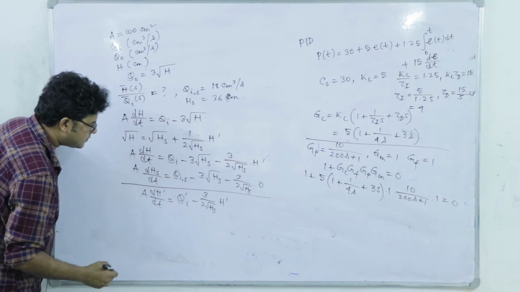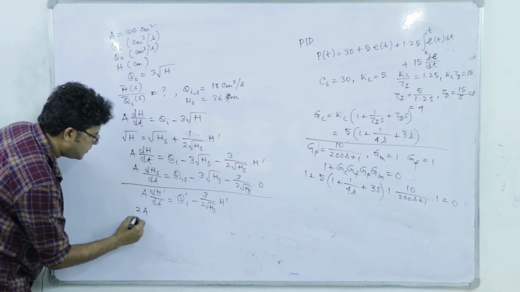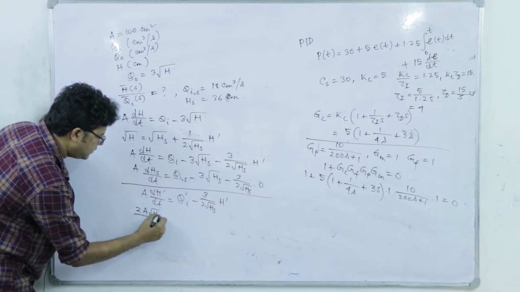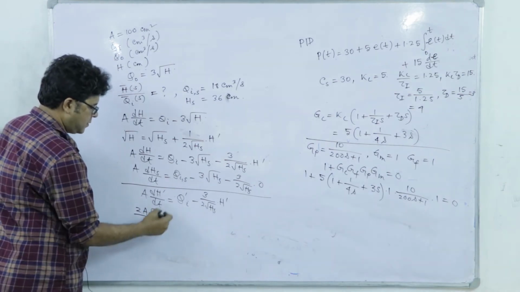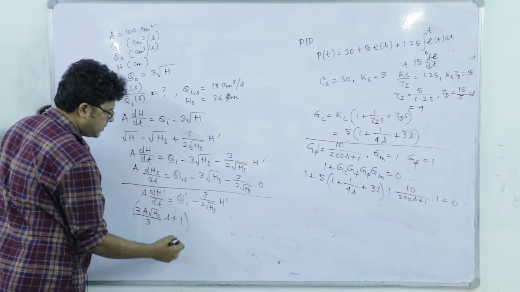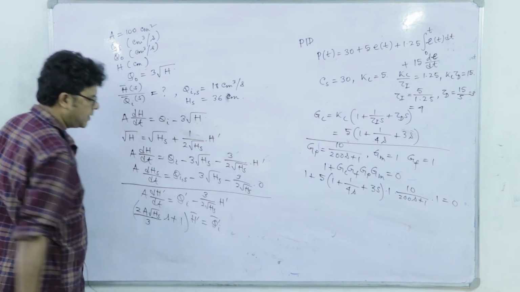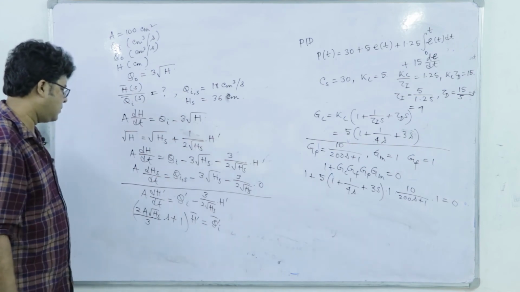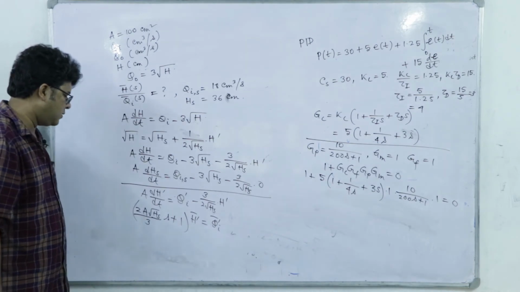So it is 2A under root of Hs divided by 3, into s plus 1, H prime bar is equal to Qi prime bar, upon taking the Laplace transform, shifting this to this side and dividing the entire equation by 3 divided by 2 root Hs.